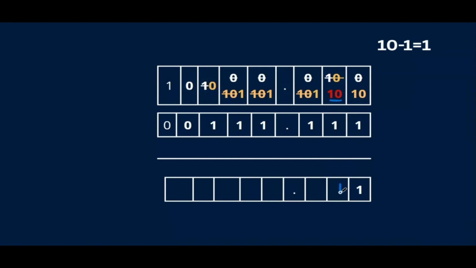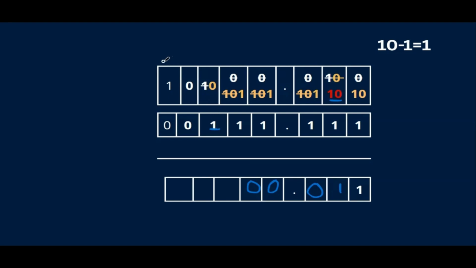Here 1 minus 1 is equal to 0. Again 1 minus 1, we have 0. Here also 1 minus 1, we have 0. Here we are having 0 minus 1, which means that the 0 is less than the 1 over here.